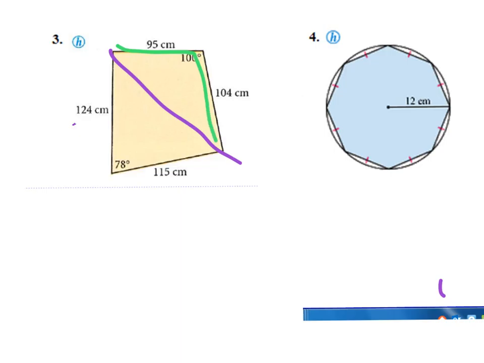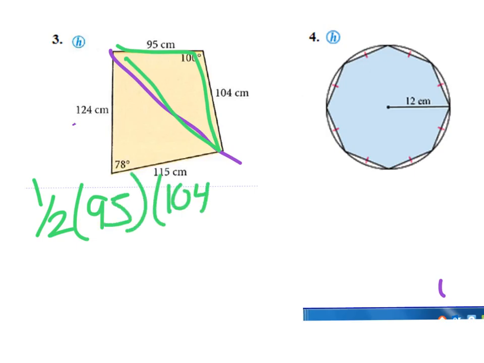So this triangle, its area can be found with 1/2 the 2 side lengths multiplied together, multiplied by the sine of the angle between them.